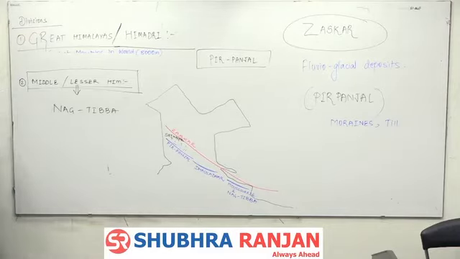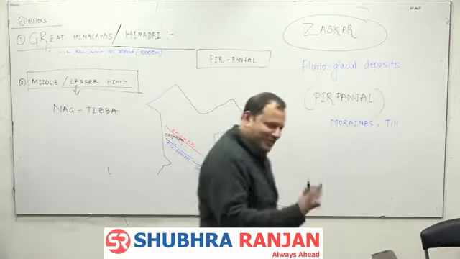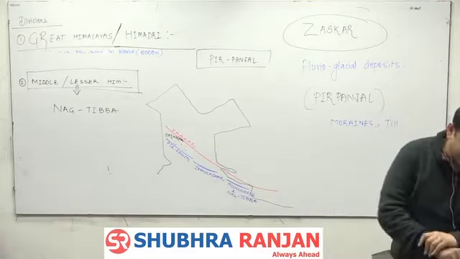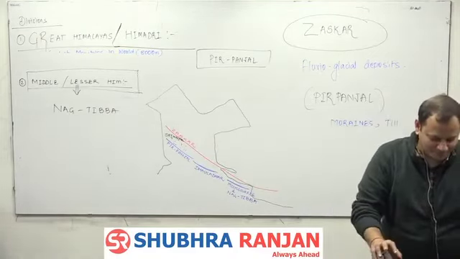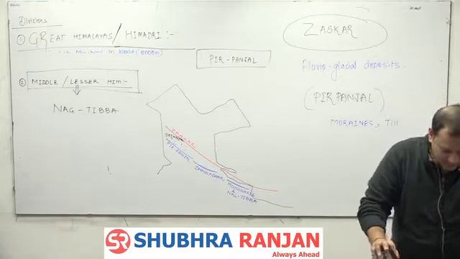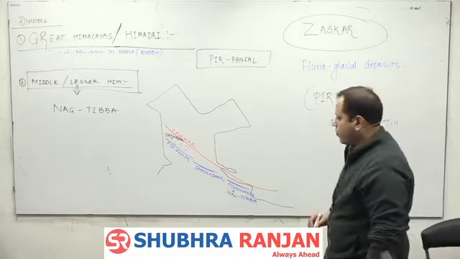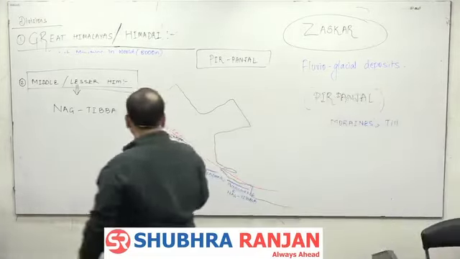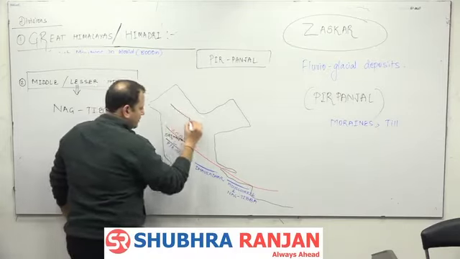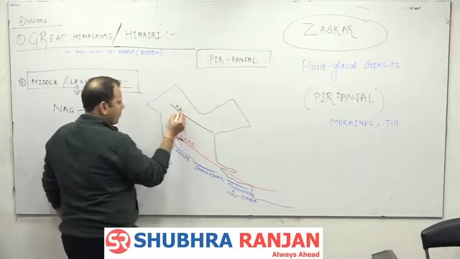Means you all are striving for Middle Himalayas here. Getting it? Moksha. So Himalayas will give you moksha. So that is Middle Himalayas. And इसके ऊपर क्या है? Trans Himalayas.